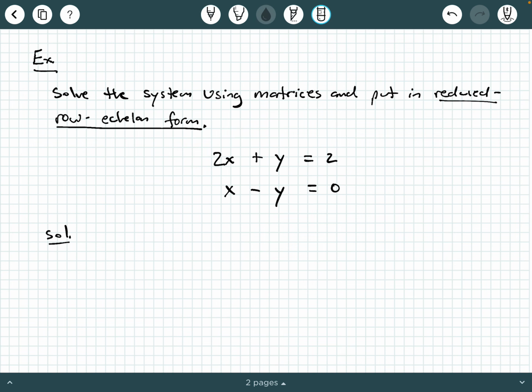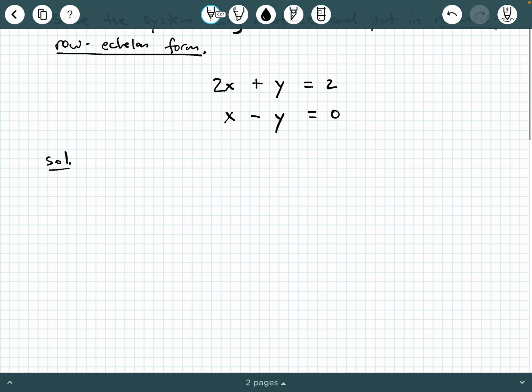So the first thing we want to do is write this as an augmented matrix, right? So we open up a matrix bracket. We've got 2, 1, 1, -1, partition line, 2, 0. Okay, so this part is nothing new. All right, now the first thing I'm going to do, I like to put all of my rows that start with a 1 into the higher rows.